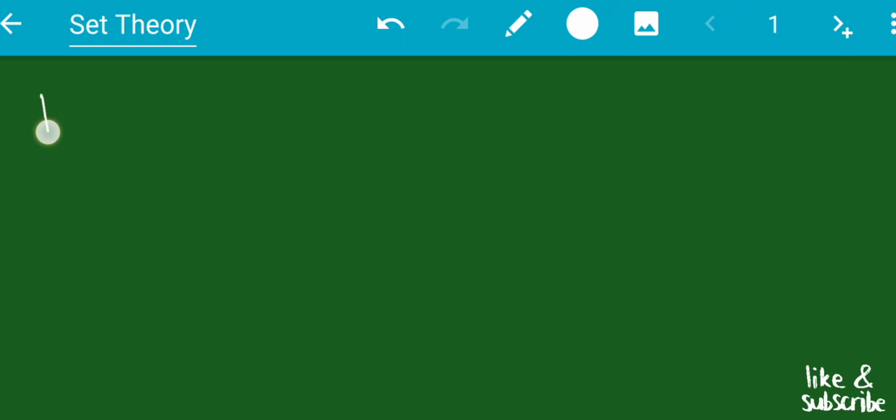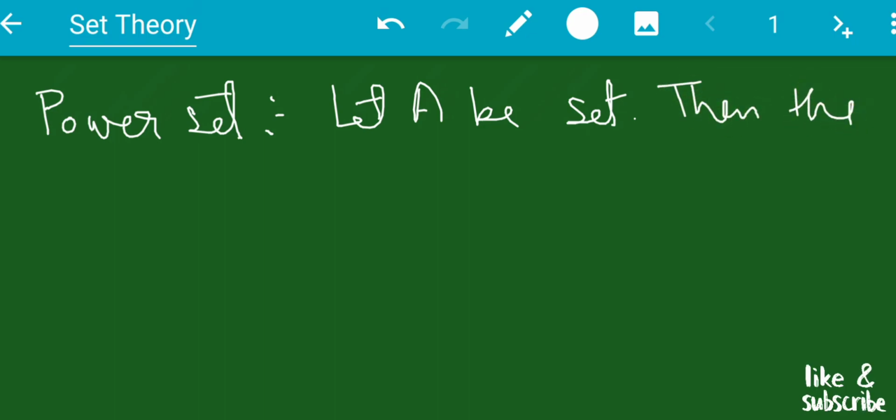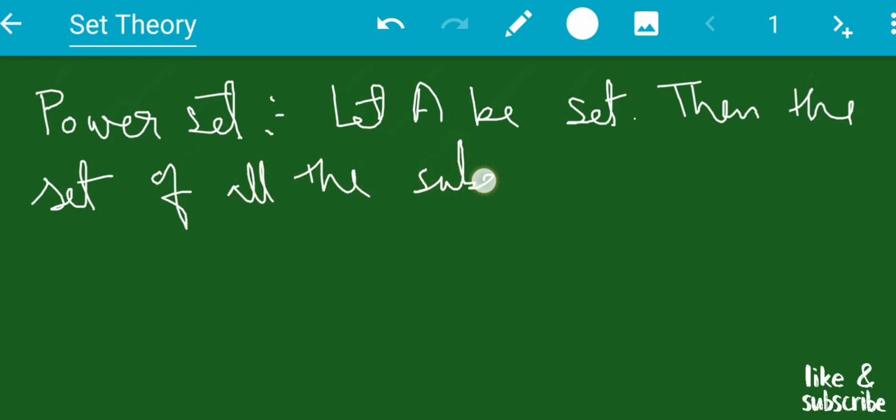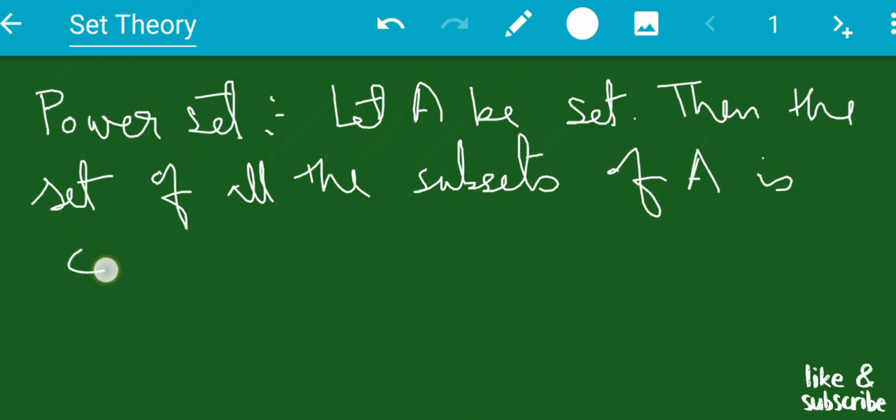Now another is the power set. What is a power set? Let A be a set, then the set of all the subsets of A is called a power set.